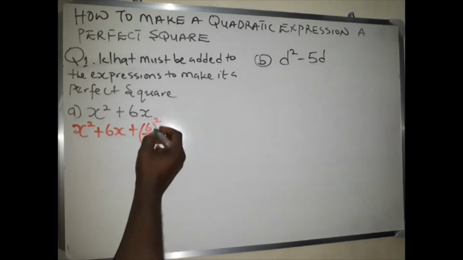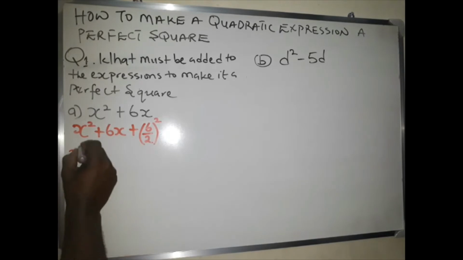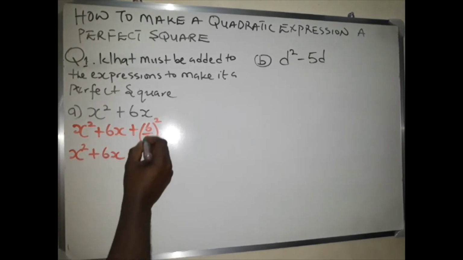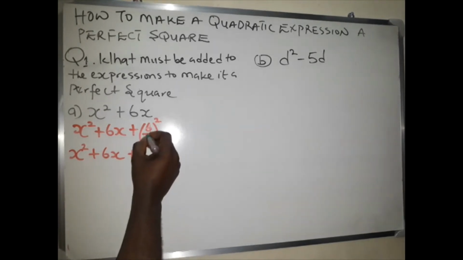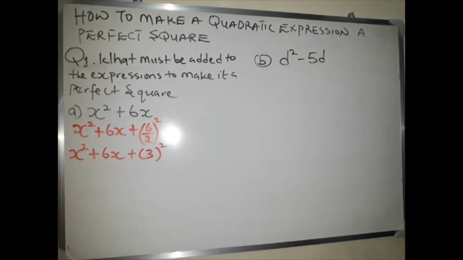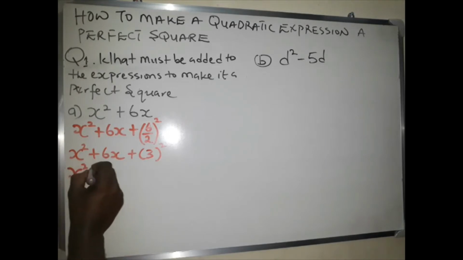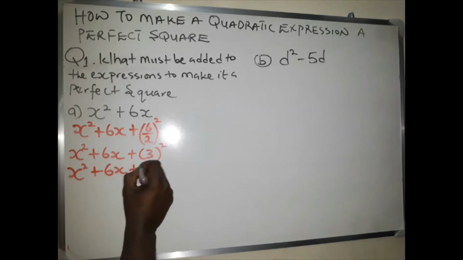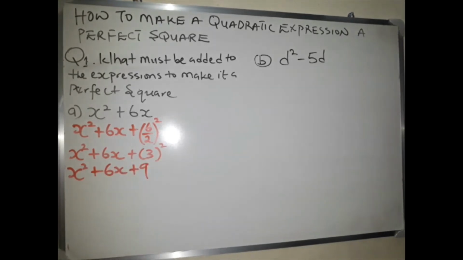I know that 6 divided by 2 will give you 3. So when you divide 6 by 2, it gives you 3, squared. 3 raised to power 2, that is 3 squared. When you expand 3 squared, you get 9.